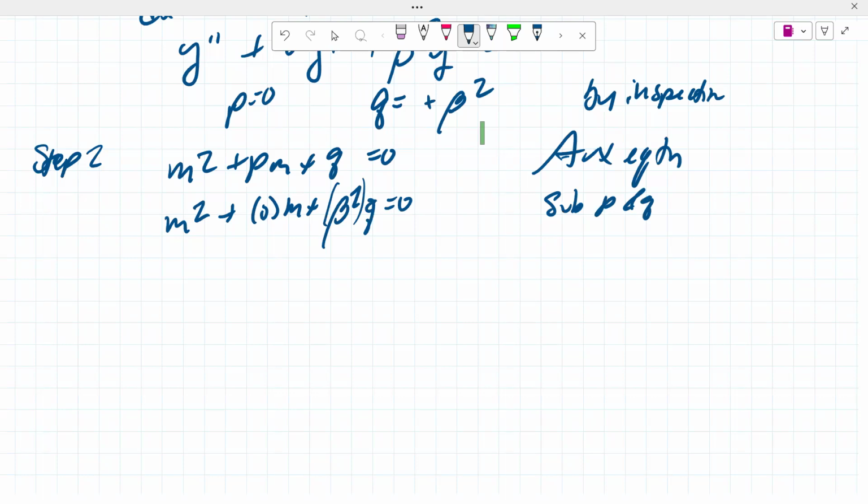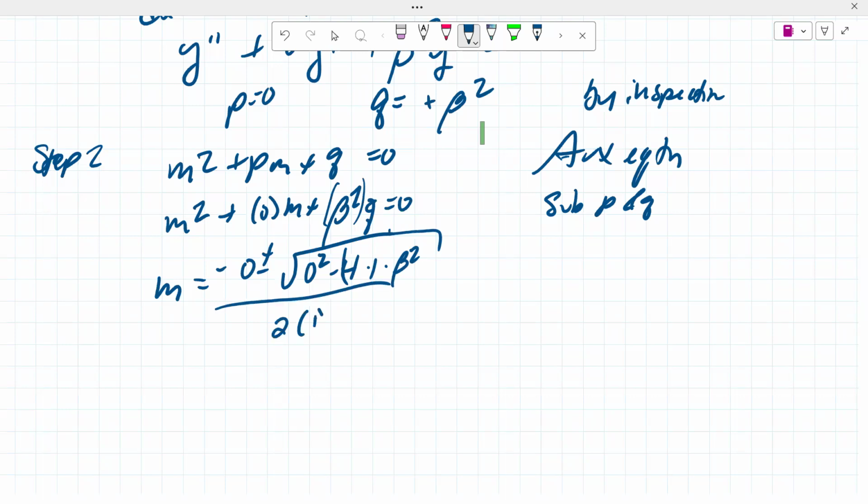And now we're going to solve for M using the quadratic formula: M equals negative 0 plus or minus the root of 0 squared minus 4 times 1 times beta squared, that's 4AC, all over 2A, which is 2 times 1.